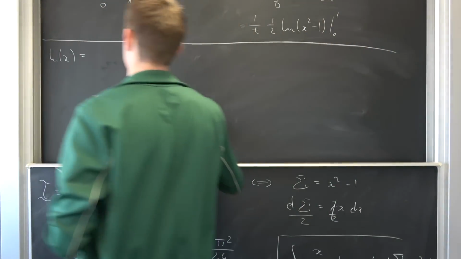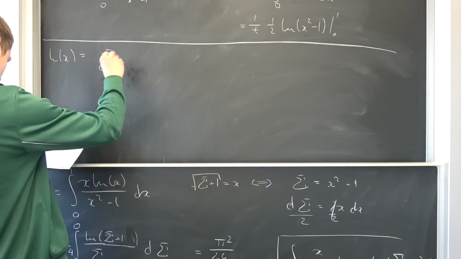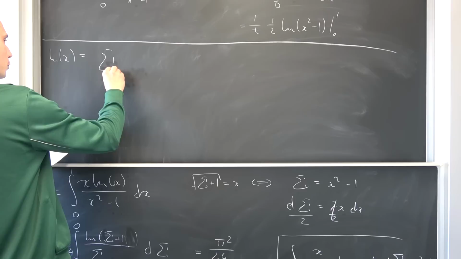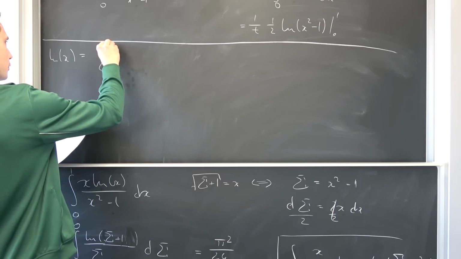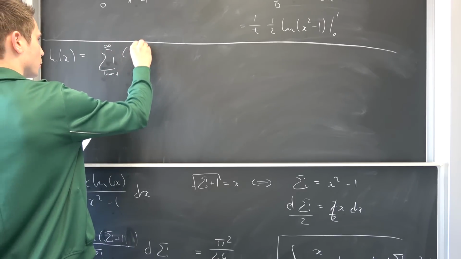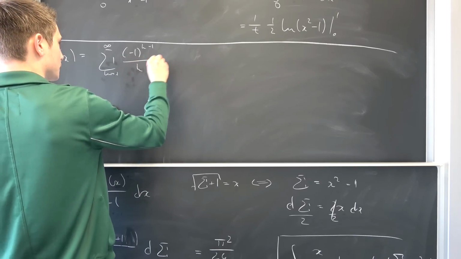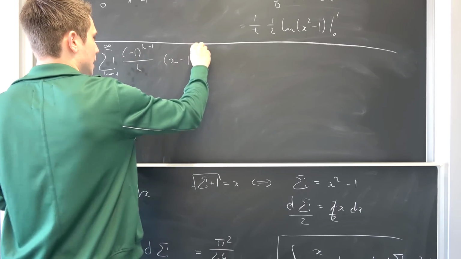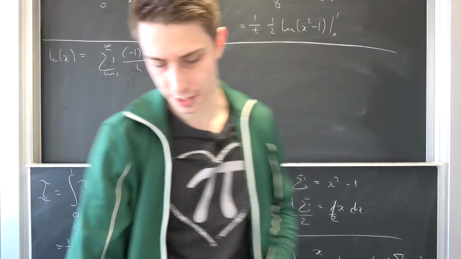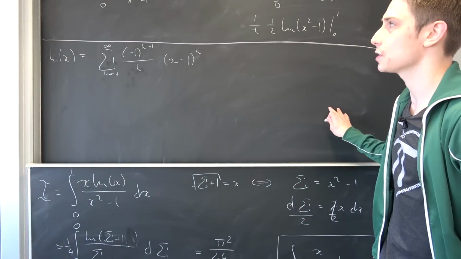So natural log of x Taylor series expansion is nothing but the sum running from 1 to infinity of -1 to the k minus 1th power over k times x minus 1 to the kth power. And trust me on that, it's going to be absolutely horrid what is going to come out of here.